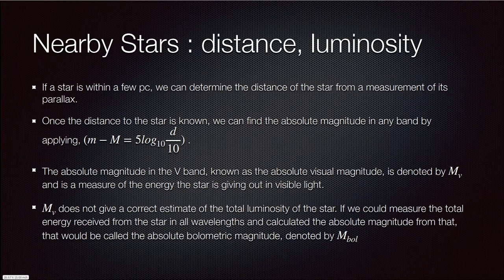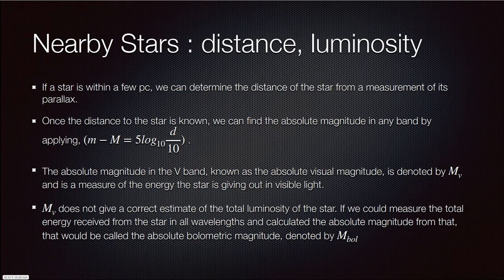The V band is known as the visual band, so it is known as absolute visual magnitude, denoted by M subscript V, and it is a measure of the energy of the star given out as visible light.